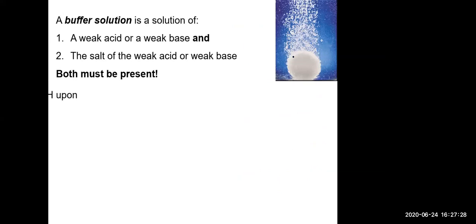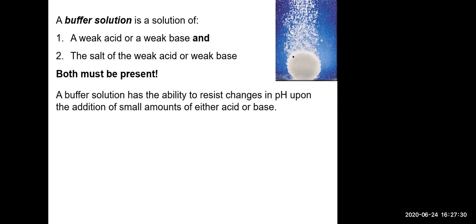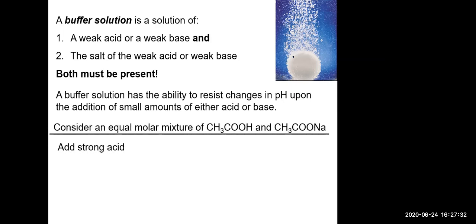Then let's actually talk about buffers and really what a buffer is and sort of how a buffer works, if you will. So a buffer is a solution that is made up of a combination of really two things.